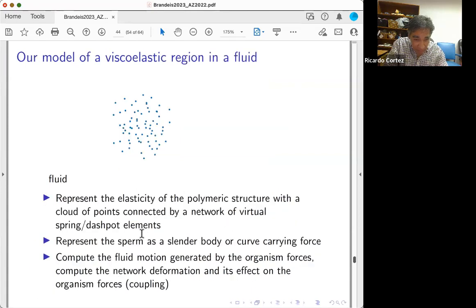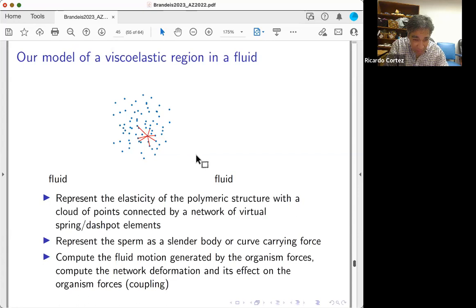And our model is something maybe a little bit abstract, but I think of it as a cloud of points, and some of them are connected to each other to produce the elasticity. So imagine these are connections by springs.